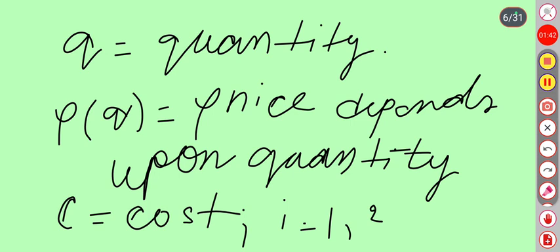So the profit function is pi i (Q1, Q2) equals Qi times (A minus Q1 minus Q2) minus Ci.